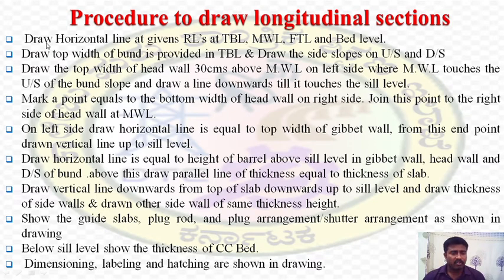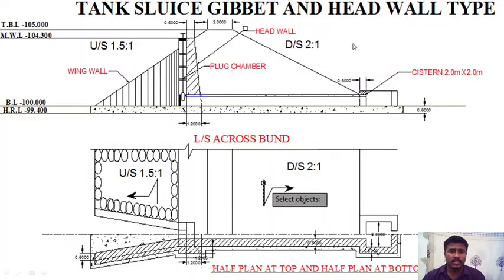First draw horizontal lines at the given RLs: TBL, maximum water level, FTL level and bed level. Here you draw reference RLs, that is TBL level, MWL level, bed level and hard rock level.